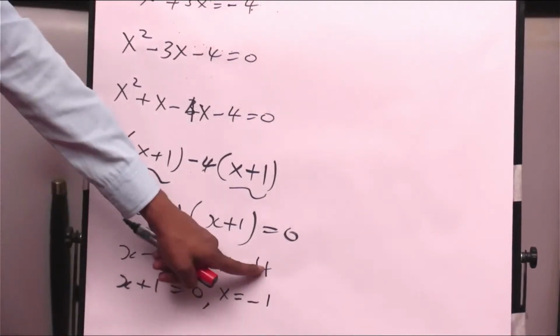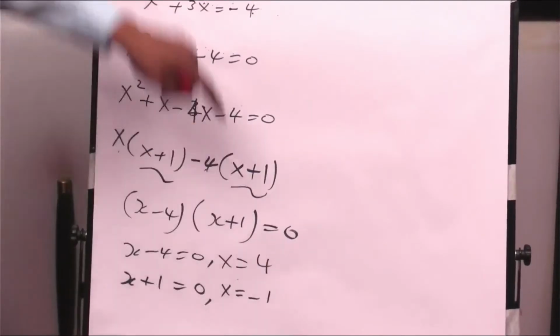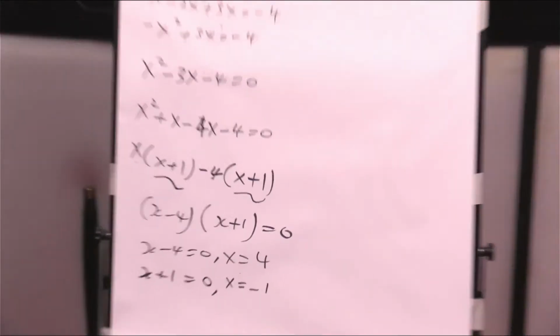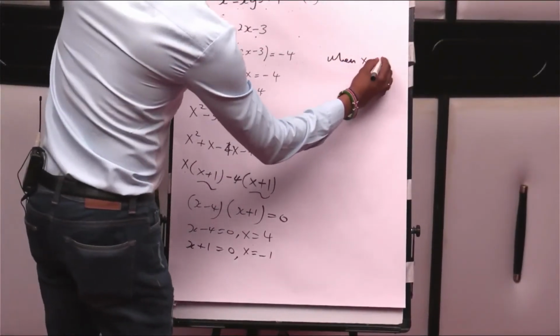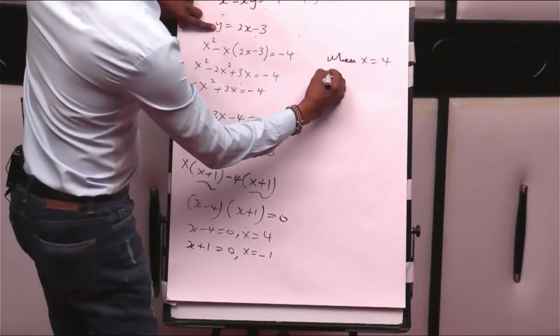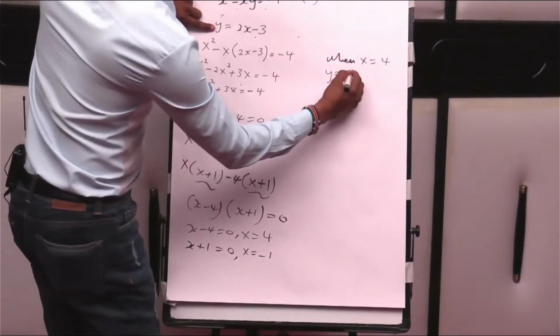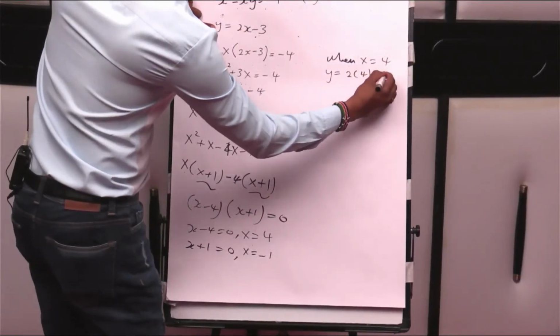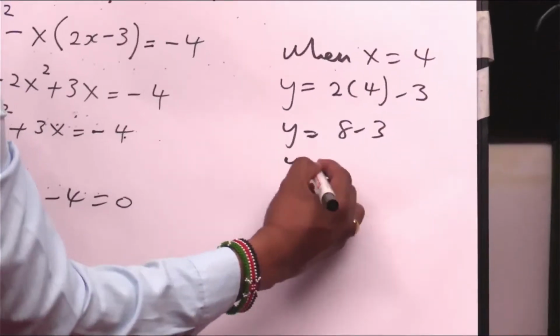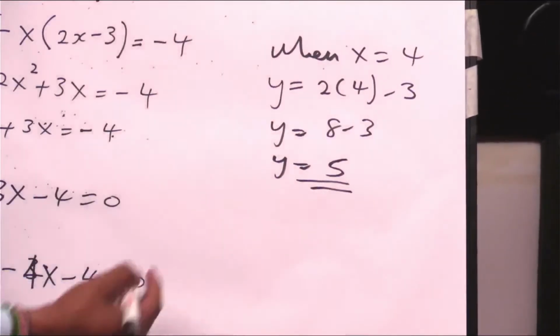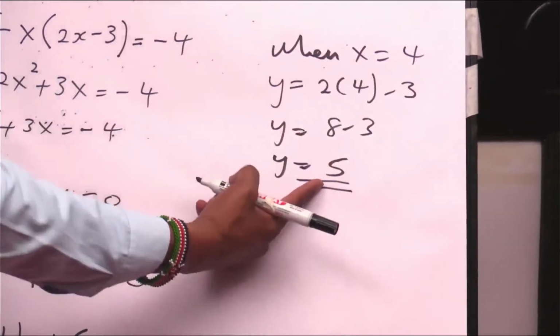So when x is 4, what is the value of y? Come here, replace. When x equals 4, y will be equal to 2 times x, which is 4, minus 3. So y will be equal to 8 minus 3. Y is equal to 5. So when x is 4, y is 5.